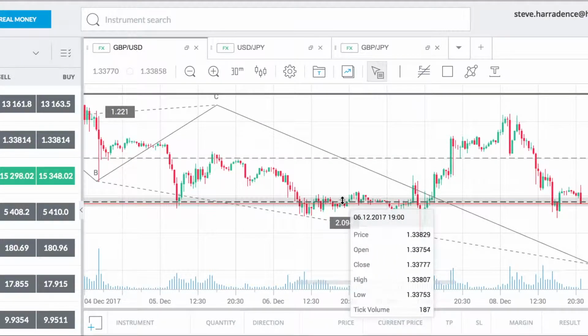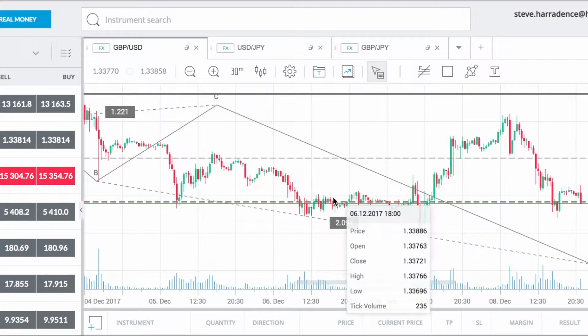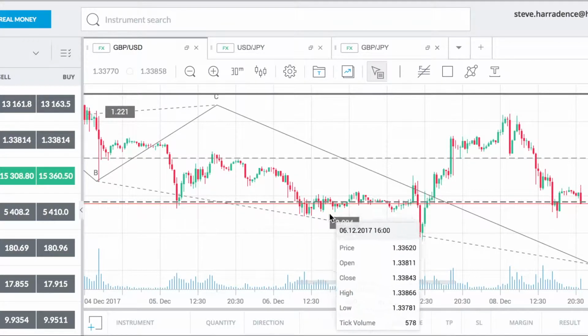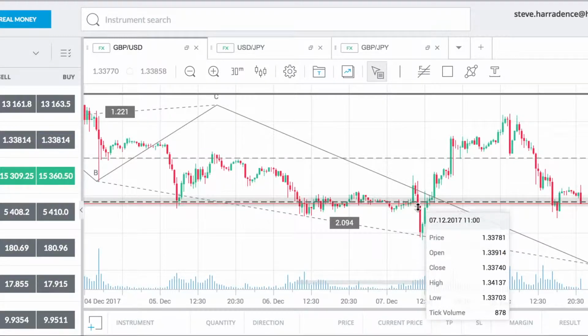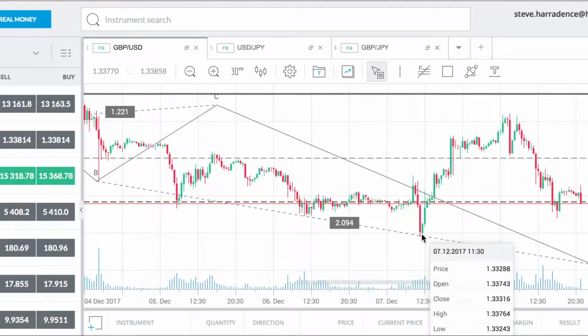So that dotted line, basically where it is at the moment, it went testing. It did break down a little bit from 1.381 to 1.328. So good number there.